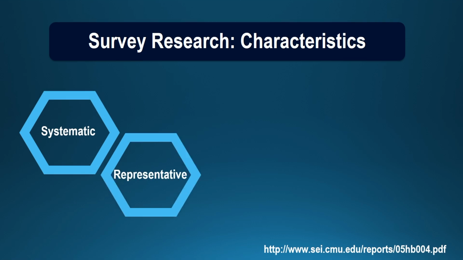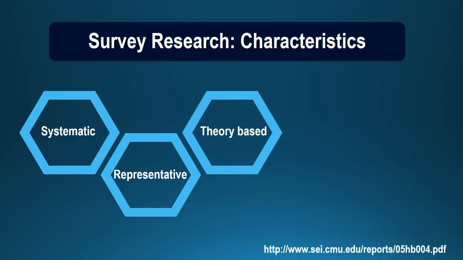Survey research is systematic and follows orderly steps. It is representative. It represents a defined population, and thus the sample selected from the population is representative of the characteristics of the population, and the findings of the survey are thus generalizable to the population. Survey research is theory-based, and theory provides the background for selecting a problem and formulating its objectives.